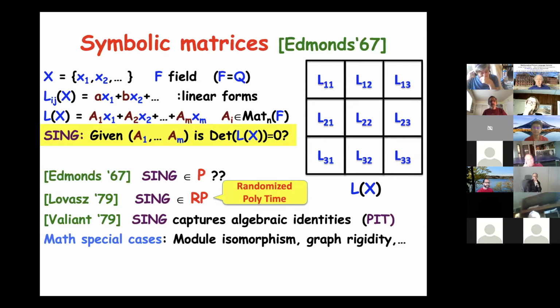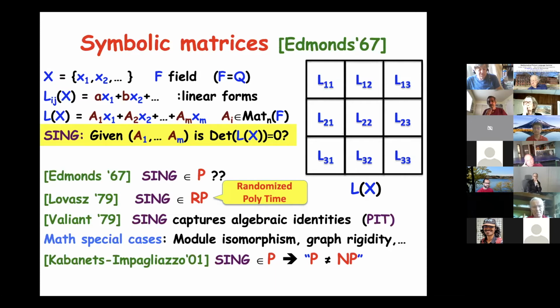And perhaps the most important and shocking understanding of the importance of this problem comes from a result of Kabanets and Impagliazzo. Let me state it, and let's reflect on it. Suppose this problem had a deterministic polynomial time algorithm.